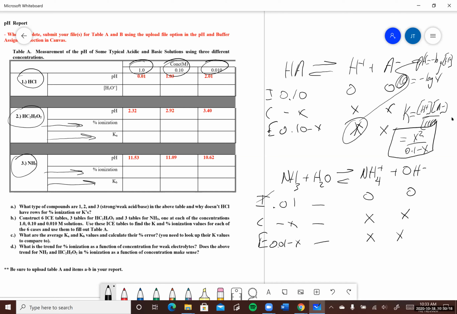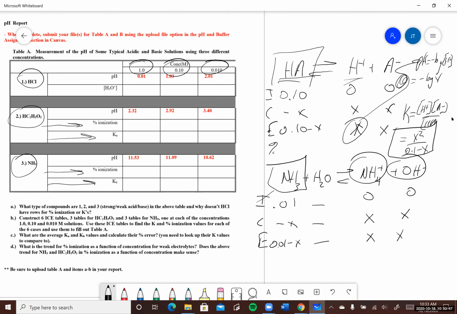Now for percent ionization, they're talking about the percent ionization of that parent compound, whether it's a weak acid or a weak base. They both give ions in each case. So I want to know the percent of that broke up. Well, for each one of these products I get, that's how much HA broke up. So X is an indication of how much H plus I get, but it's also an indication of how much HA broke up.